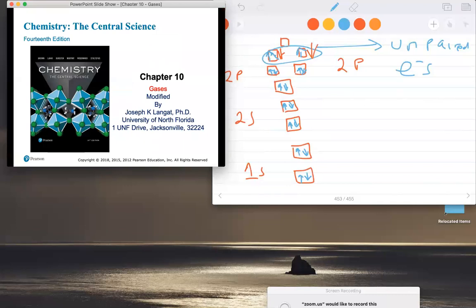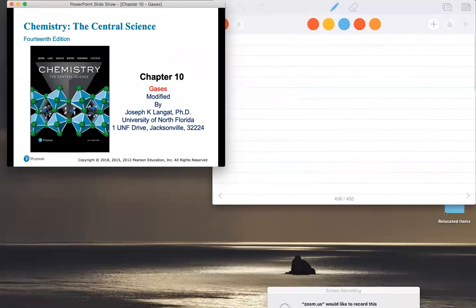Recall gases are one of the states of matter you have seen before, the properties of gases. And in this chapter, we will focus on one of the 3 states of matter.